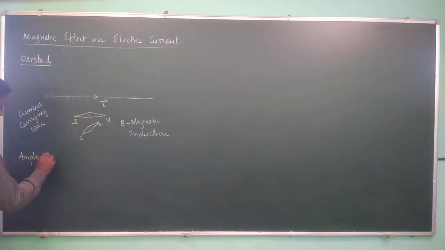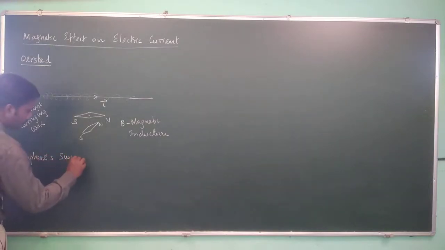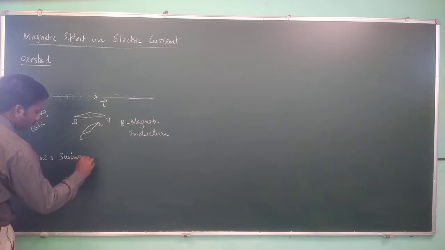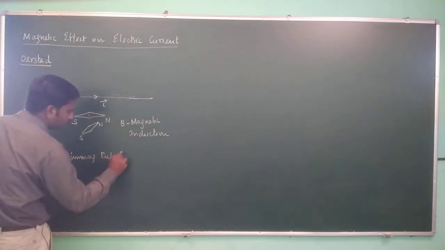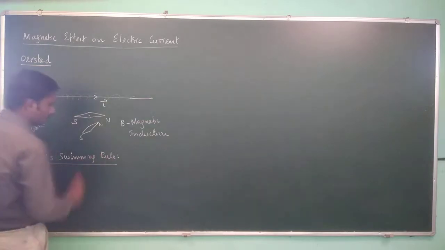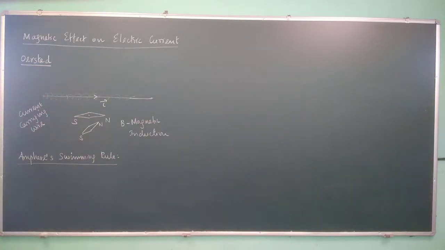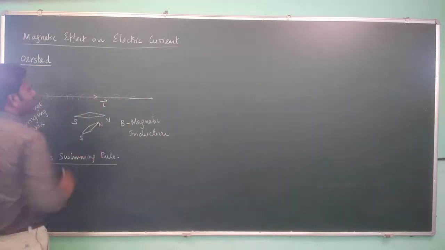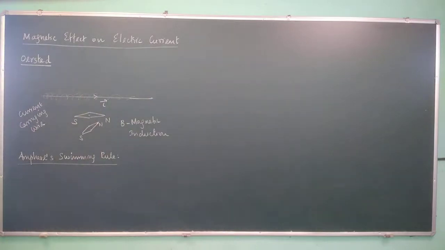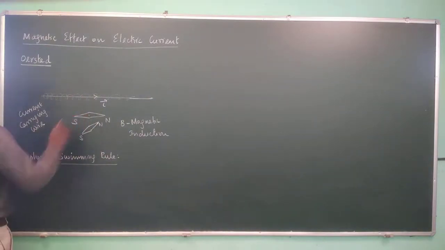This question was answered by Ampere's swimming rule. According to Ampere, this is the direction of the flow of the current in this current carrying conductor. Now this is the magnetic needle.